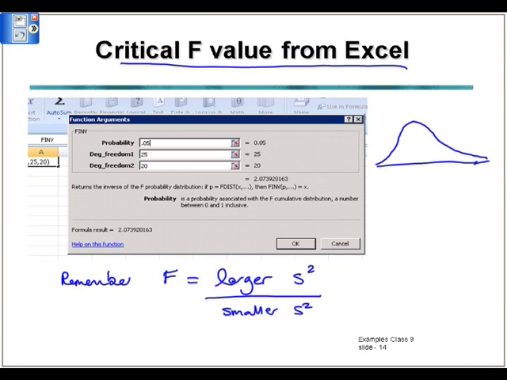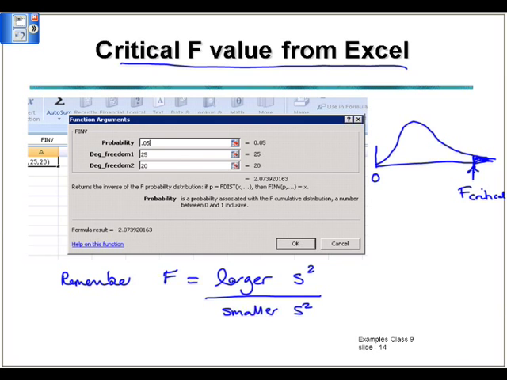So we're looking for the critical F, and that critical F is not just related to alpha, it's also related to the numerator and denominator degrees of freedom. In a fraction, the numerator is the number on the top line, and the denominator is the number on the bottom line.